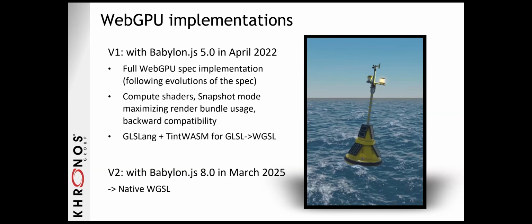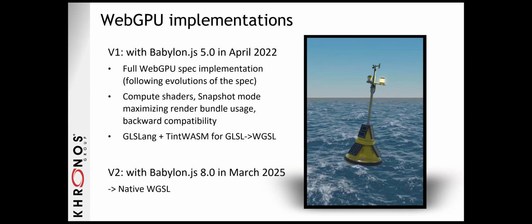In terms of the shader code, there is a lot of GLSL inside the engine itself, and then the custom shaders from the different developers. So for this, instead of rewriting everything, we are using the GLSlang and Tint Wasm libraries that transcode and compile on the fly into WebGPU. And looking back, of course, there is another trade-off there: there is a time to download those libraries, and a time to transcode and compile.